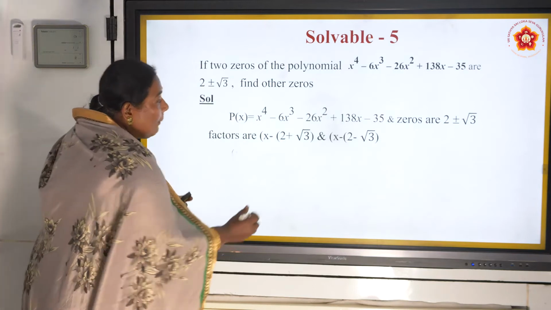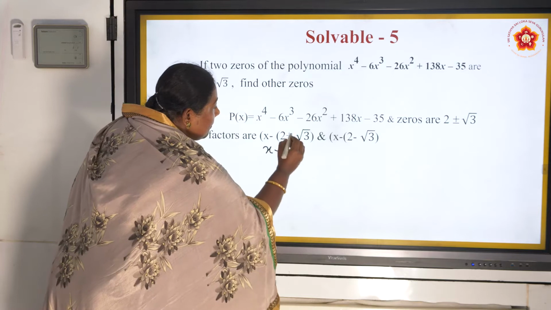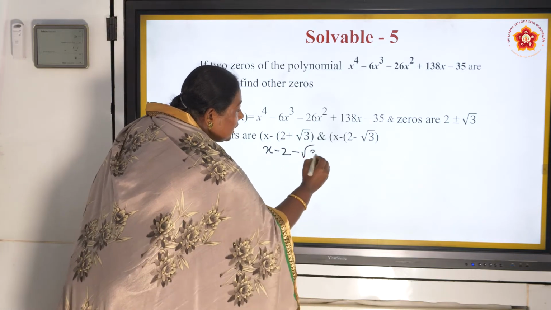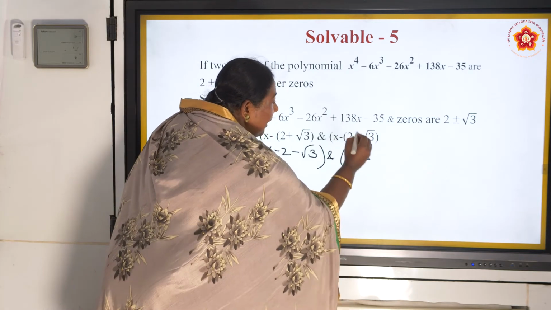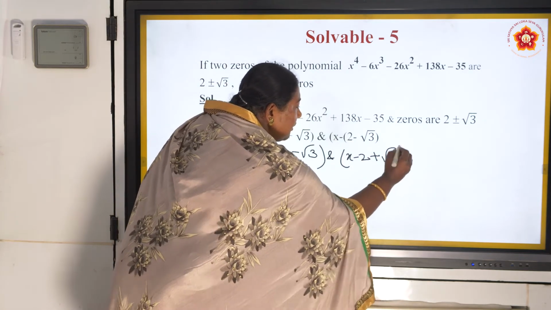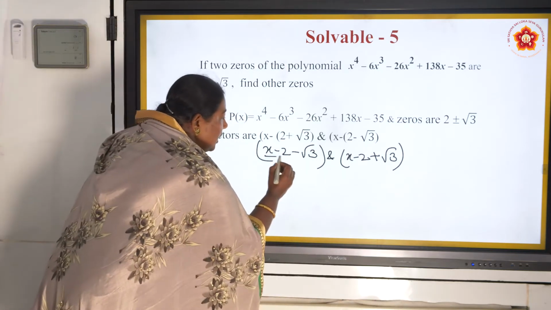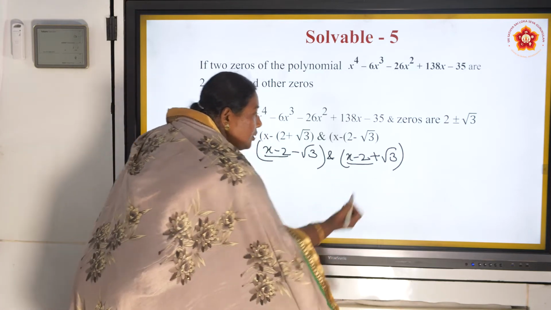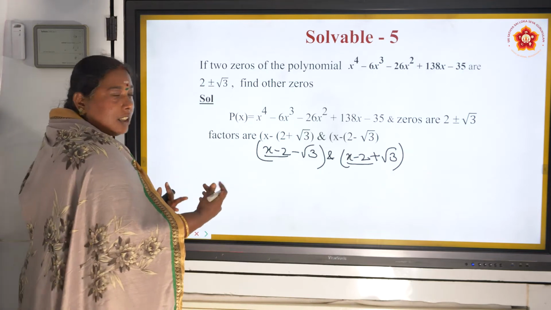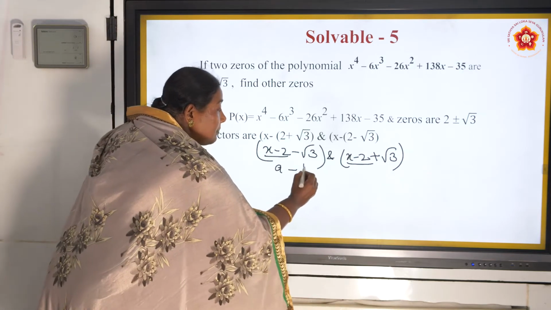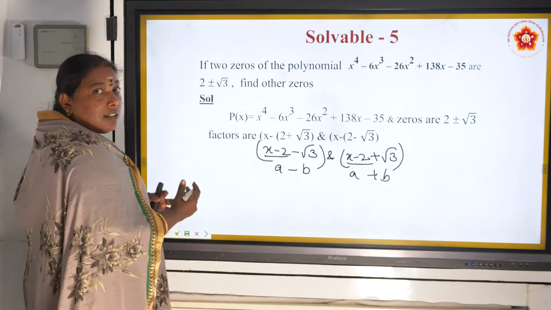Okay, then what will happen? x minus 2 minus root 3 and x minus 2 plus root 3. Can you see what you are seeing? This is one term, x minus 2, here also x minus 2, but here minus root 3, here plus root 3. Can you bring anything here? a minus b, a plus b. I think you have heard this somewhere.